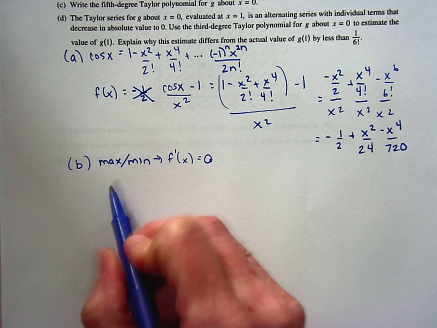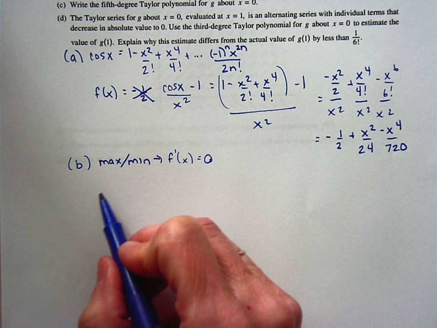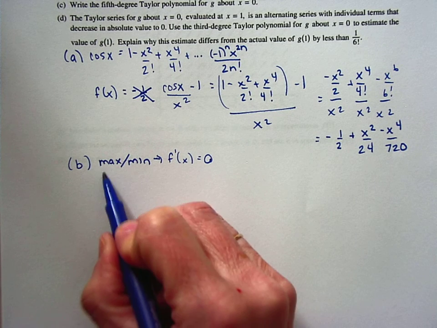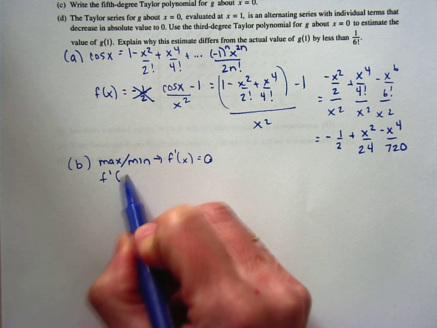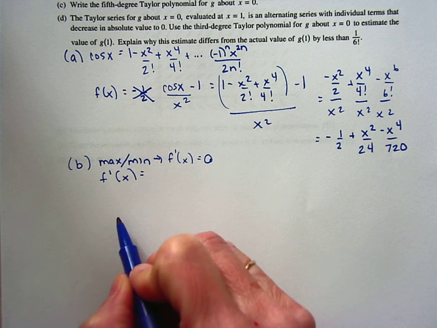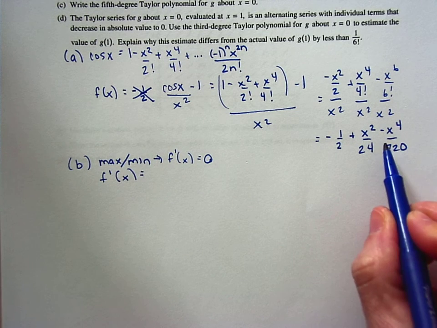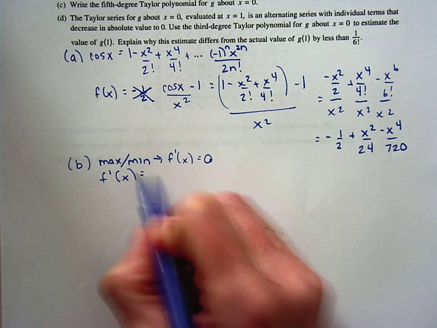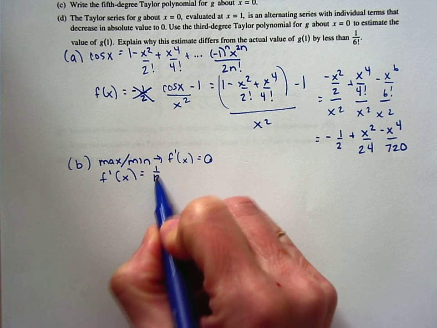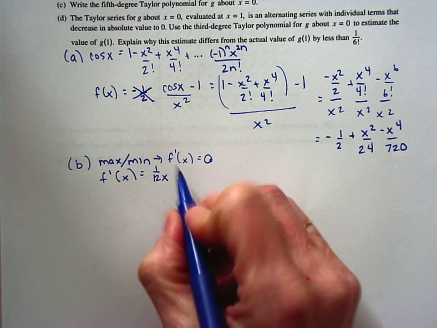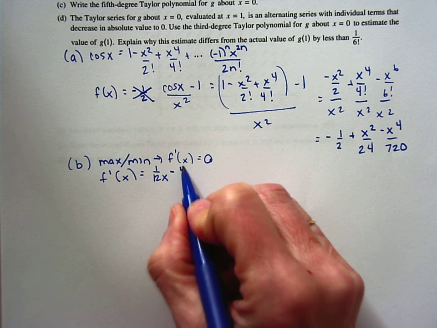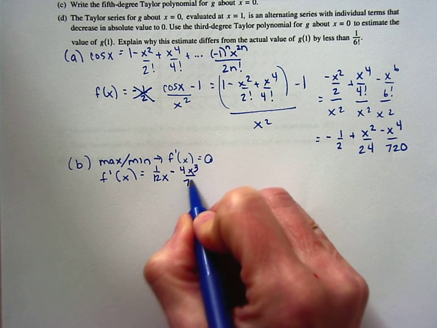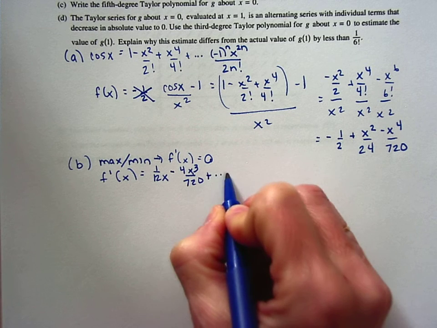So what we need to do is take our problem and find f prime of x. We differentiate this: we'd get something like 1 over 12x, and then minus 4x cubed over 720, and then dot dot dot.